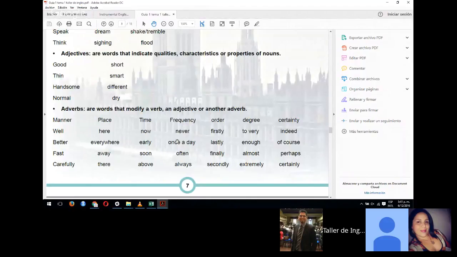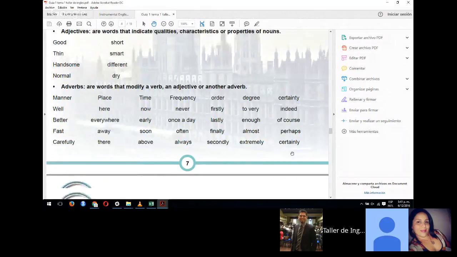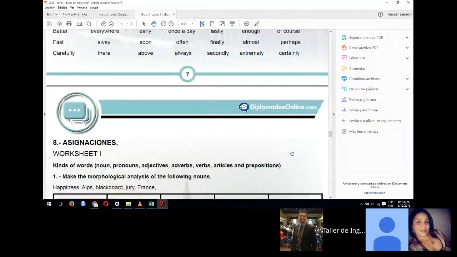The frequency: never, once a day, often, always. Order: firstly, lastly, finally, secondly. Degree: too, very, enough, almost, extremely. Certainty: indeed, of course, certainly. Okay.